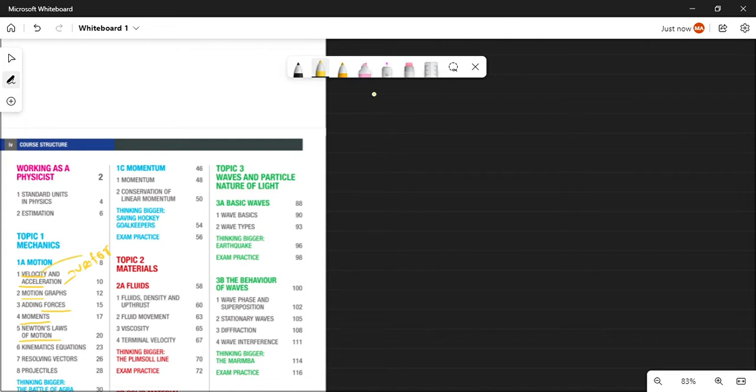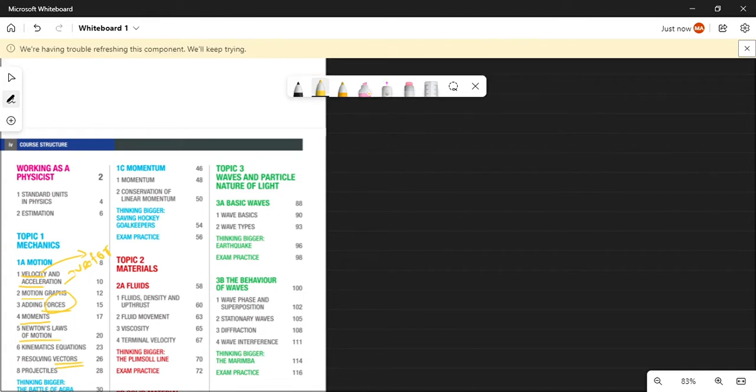Velocity is also a vector. Adding forces, two forces are a special kind of vectors. Moments are also vectors. Newton's laws of motion, resolving vectors. So I think in the chapters in topic 1 we have to deal a lot with motions, with vectors.